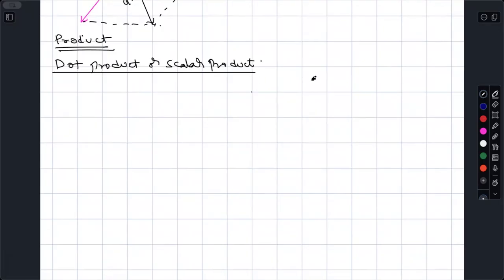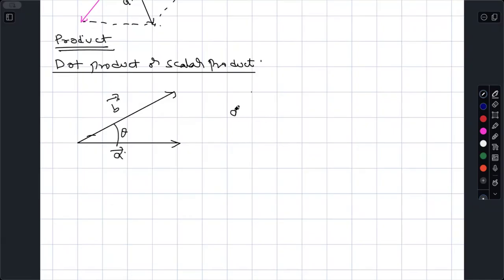The output is a scalar quantity. So how is it defined? For example, you have a vector like this, A bar. You have another vector like this, B bar, and that makes an angle theta.